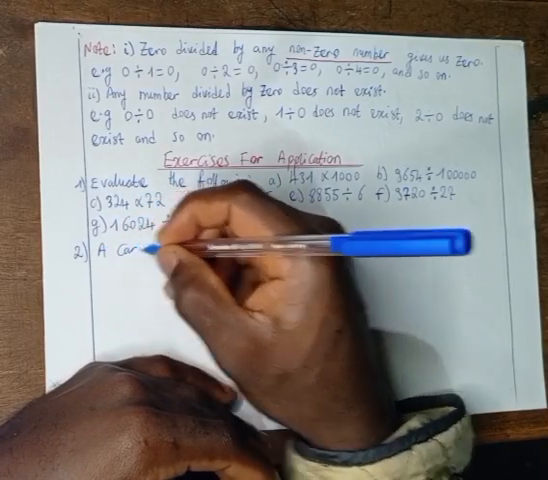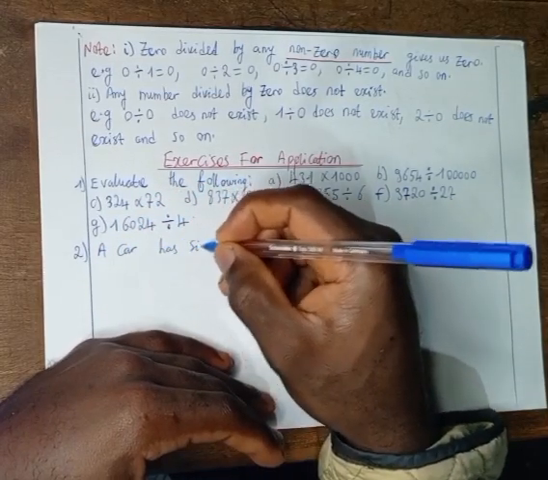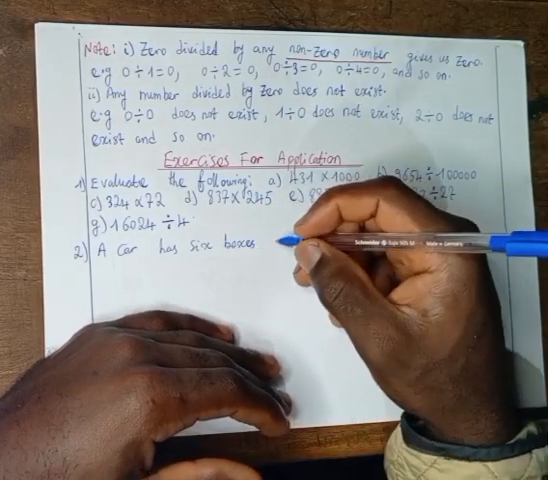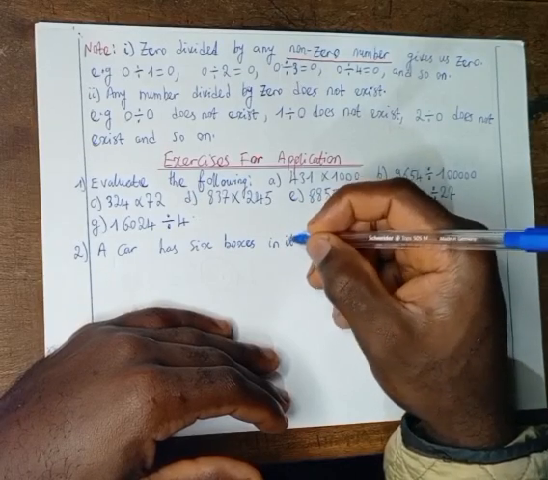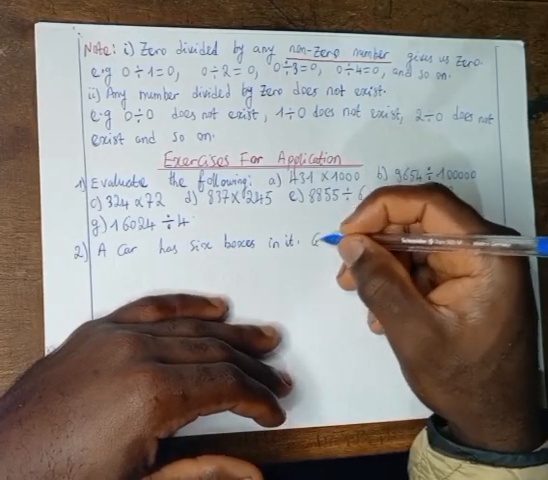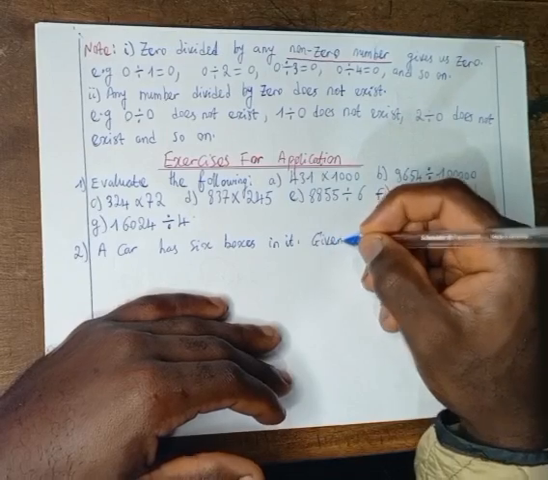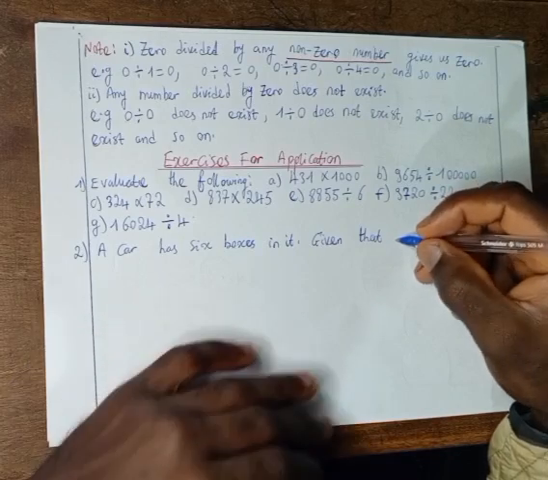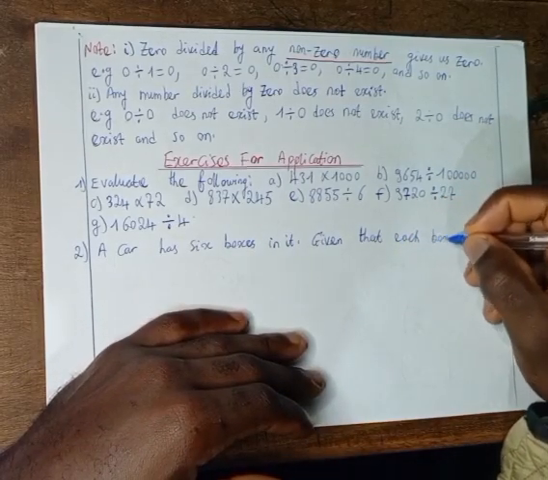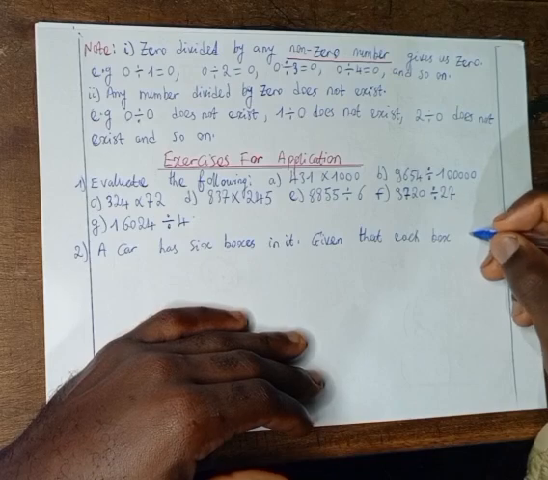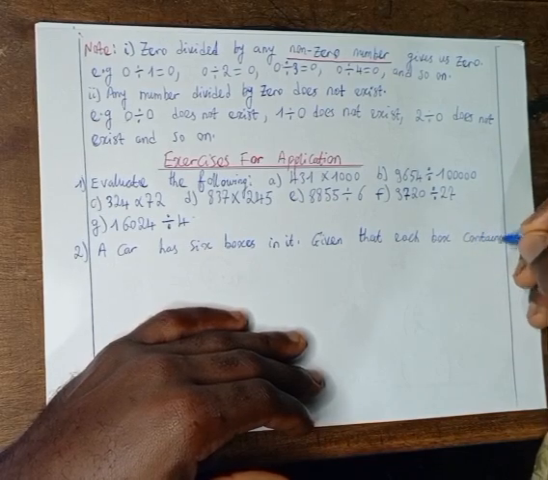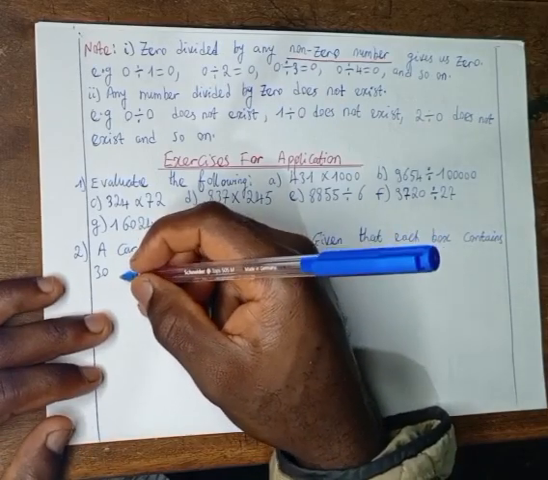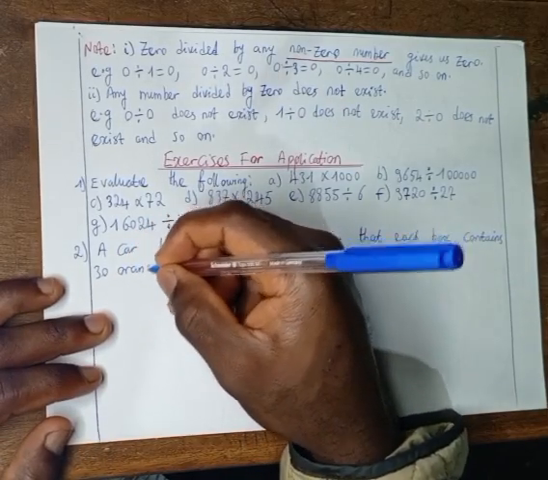A car has 6 boxes in it, given that each box contains 30 oranges.